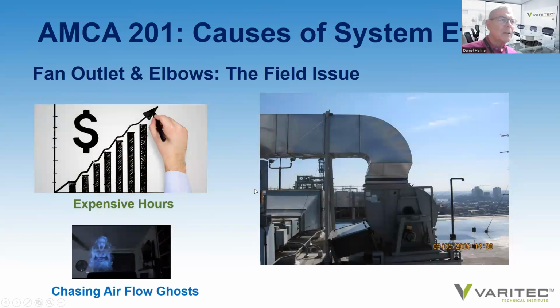Again, look at this configuration and how expensive it would be to actually change it on the roof, especially if there was no space on the roof to do that. You'd have to reorder the whole fan, and then you'd have to crane it up or whatever. So this condition does occur. It's not uncommon in the field that there's inadequate or inappropriate coordination between transitions and the outlet of fans.